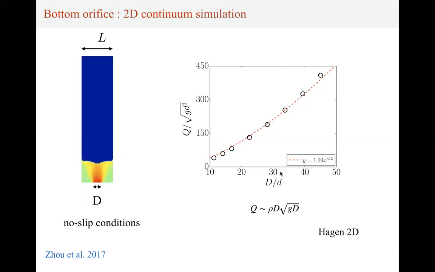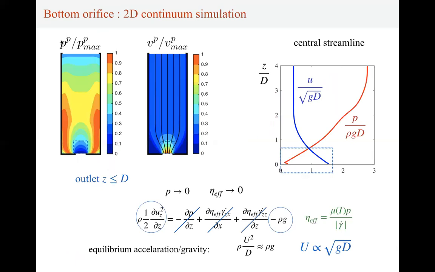What is now really interesting with this continuum simulation is that it gives us some insight into what's happening inside the silo. If we look at the pressure field and the velocity field, we can measure at the central streamline in the middle here the vertical velocity versus the vertical position.